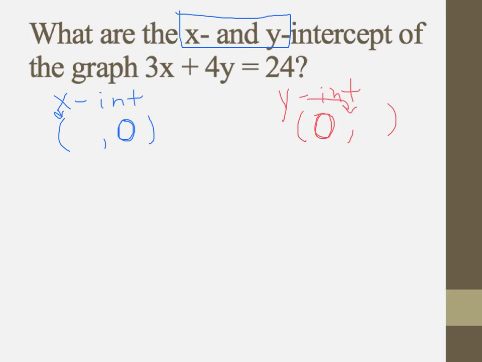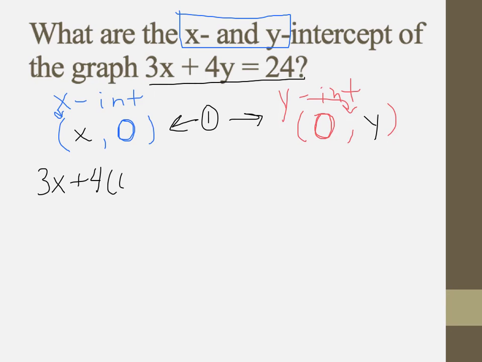So I use my equation above, and would always first write out the 2 points you are looking for. Here I'm looking for my x, here I'm looking for my y. My first, the x-intercept, I already wrote out that y is equal to 0. So I have 3x plus 4 times 0 is equal to 24.